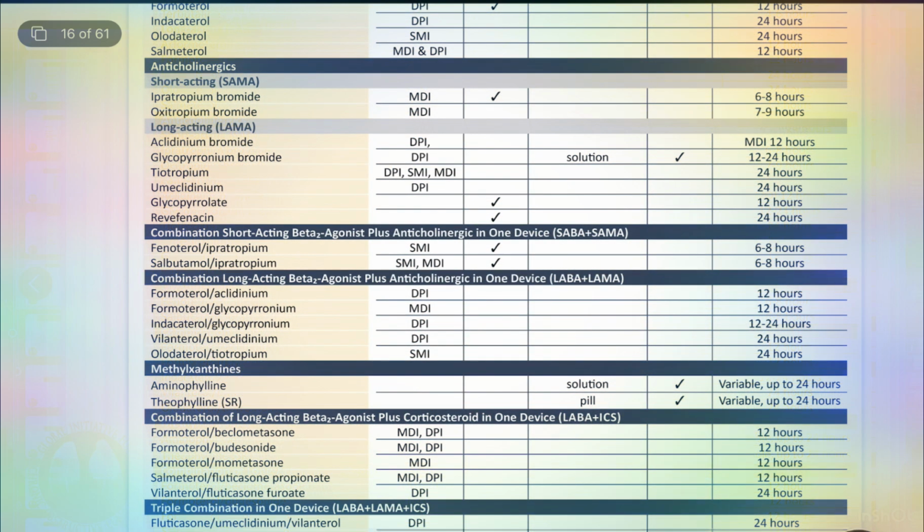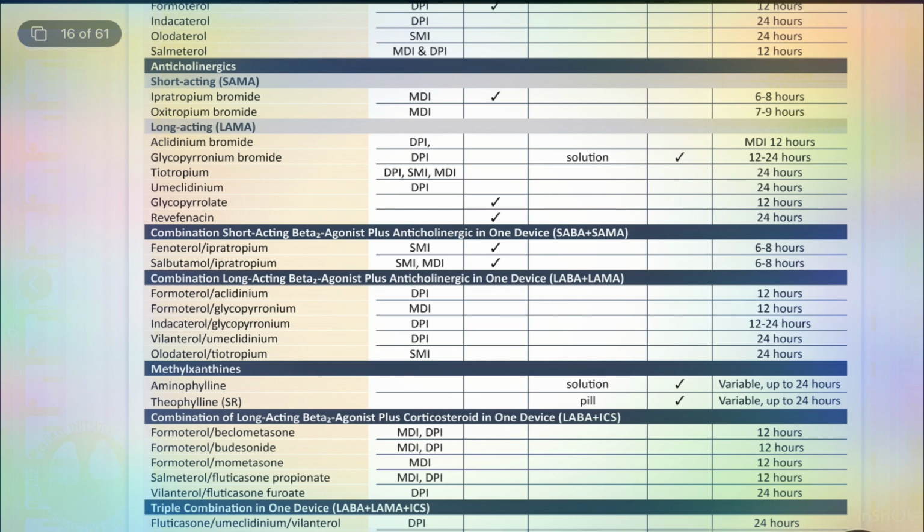Then the combination of LABA and LAMA: formoterol aclidinium, formoterol glycopyrronium, indacaterol glycopyrronium, vilanterol umeclidinium, and olodaterol tiotropium. Vilanterol umeclidinium combination acts for 24 hours, so we should use it once only for the whole day. Olodaterol tiotropium is also a once-daily combination, acting for 24 hours. Very, very important. These are newer combinations.